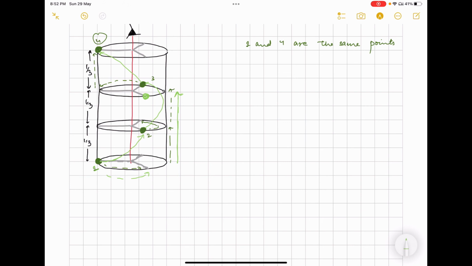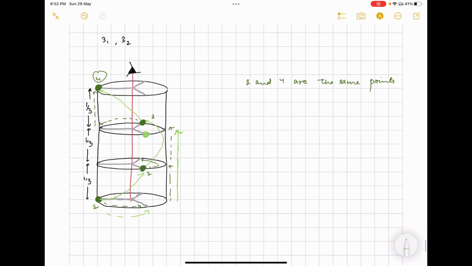Then again after 120 degree rotation and 2 by 3 translation, it has reached 2 by 3 plus 2 by 3, so that is 4 by 3. So it is out of the unit cell, so you subtract 1, so 1 by 3. So this will come down to this spot.